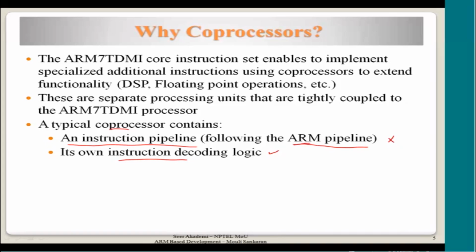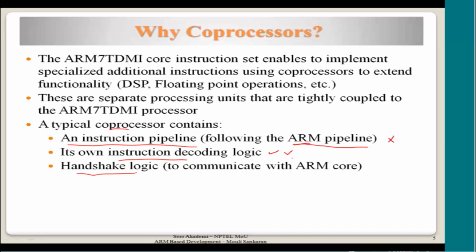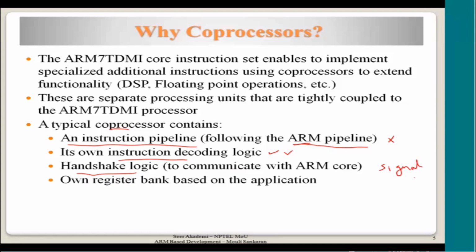It will know that it is an ARM instruction, so it will ignore it. That much knowledge it will have, and then it has a handshake logic to communicate with the ARM. By handshake logic, I mean some set of signals. I will tell you what signals it uses to talk to the ARM core.